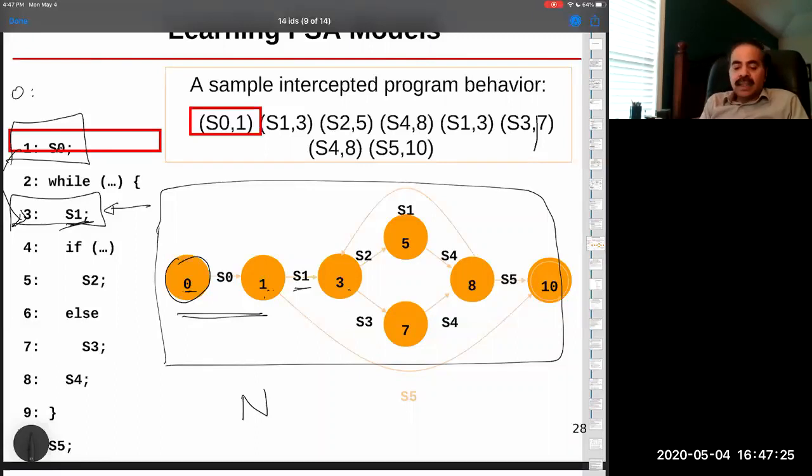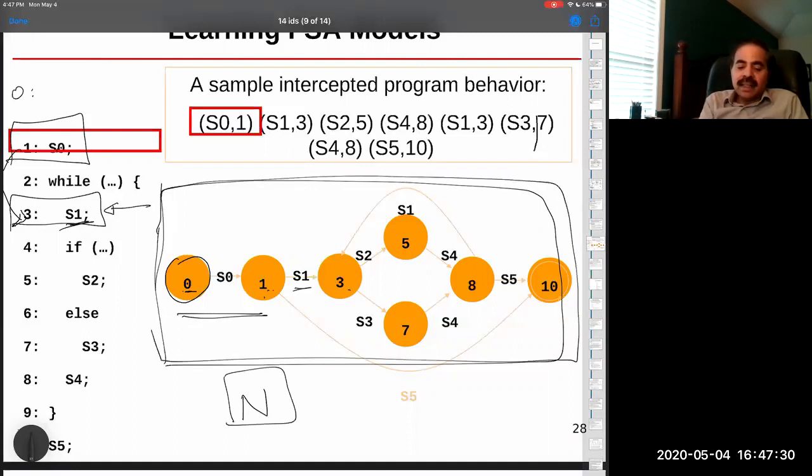So the model that you are learning is linear in the size of the program, which makes it much more compact and also faster to learn. At the same time, the model is richer and captures long-term behavior. For instance, after making S0, after a certain number of system calls, you can make S5.